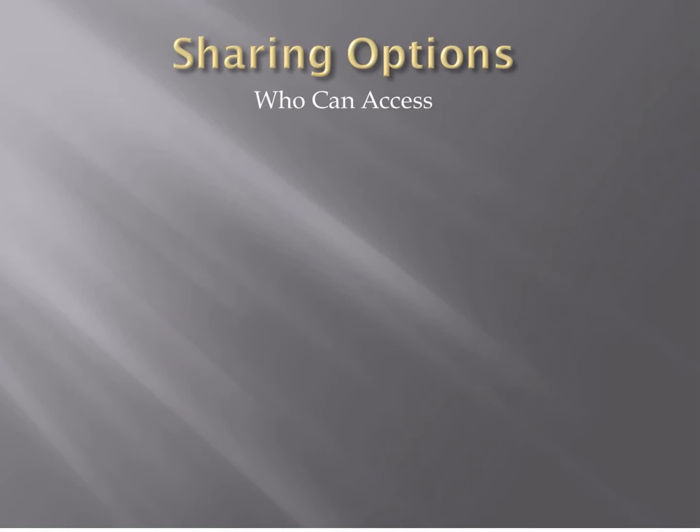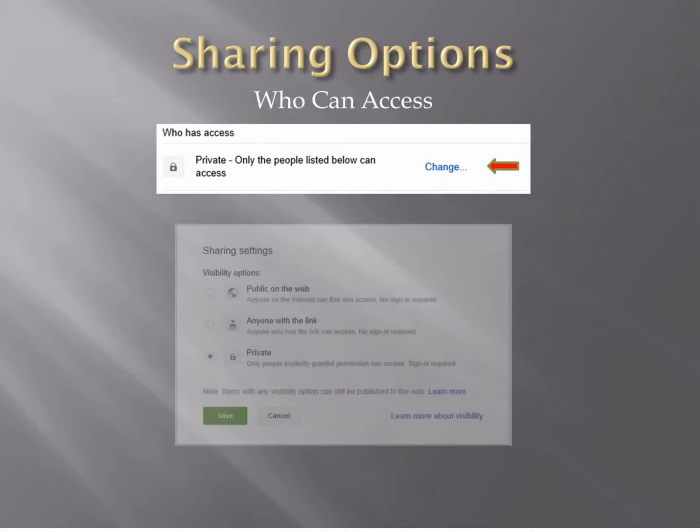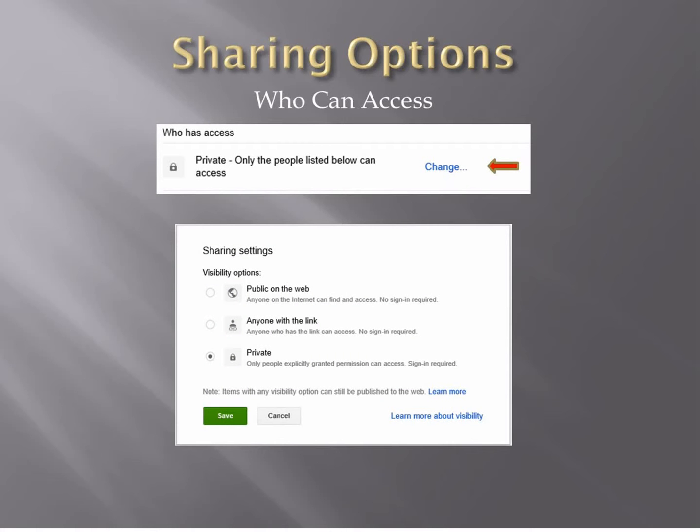Once you go under the tab for Who Can Access, you click the change. This screen will come up, and you can set your document for either public on the web, where anybody on the internet can access it, or you can click on this link with Anyone with Link.